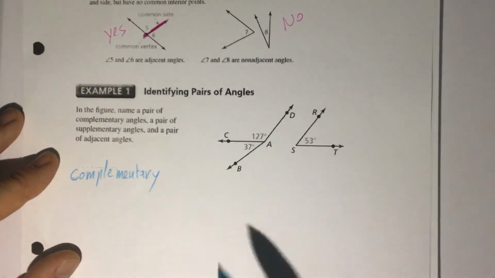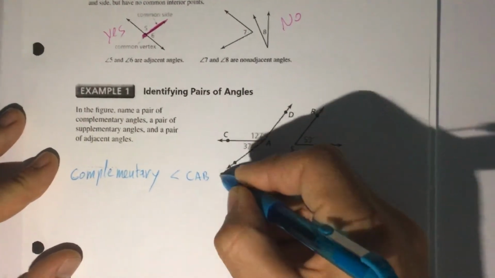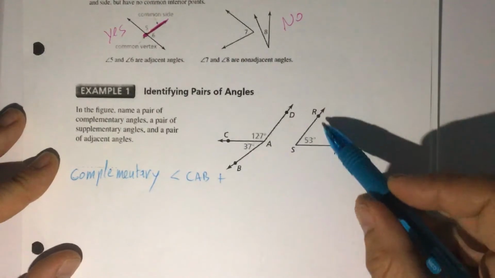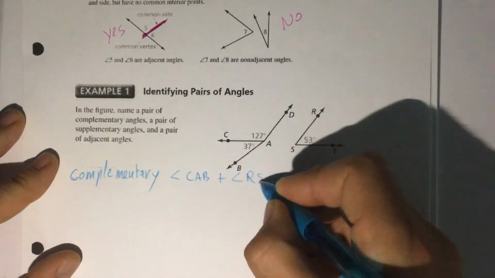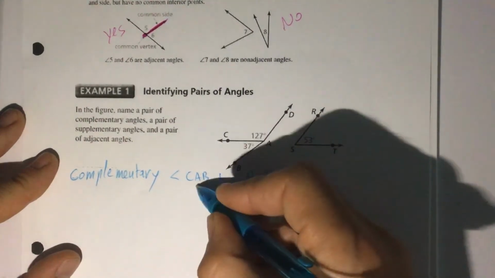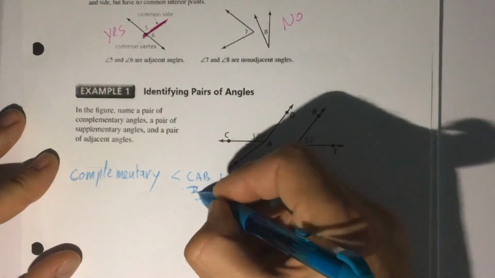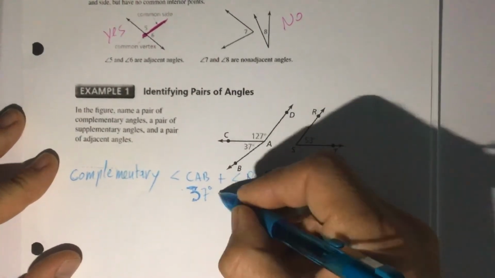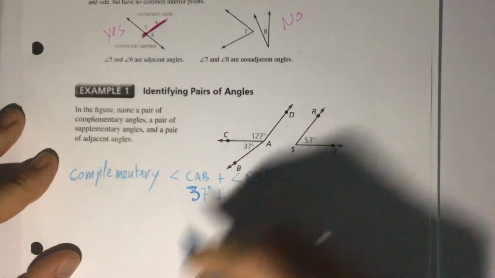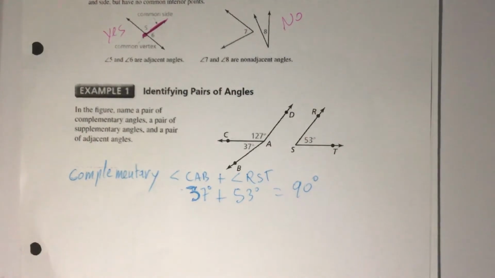Well, if you guys look at this one, 53 and 37, angle CAD and angle RST, they add up to 90 degrees. So CAD is 37, sorry about that. So let's make it 37, plus RST, that is 53, that's equal to 90 degrees. So those are complementary angles.